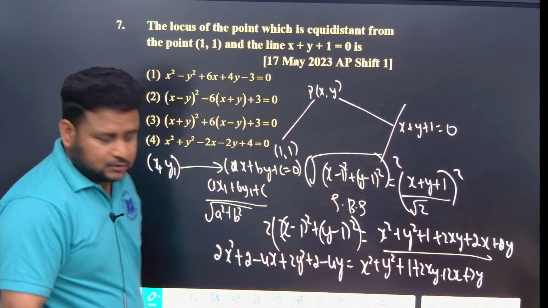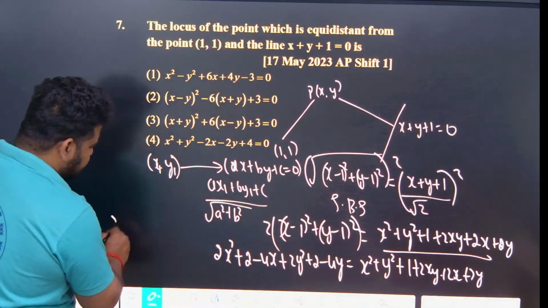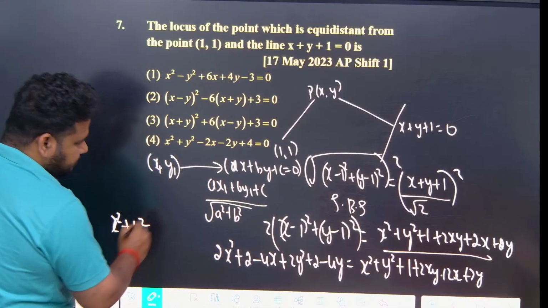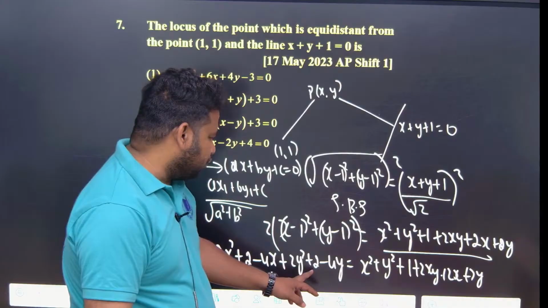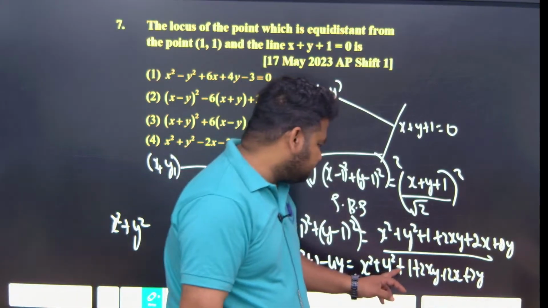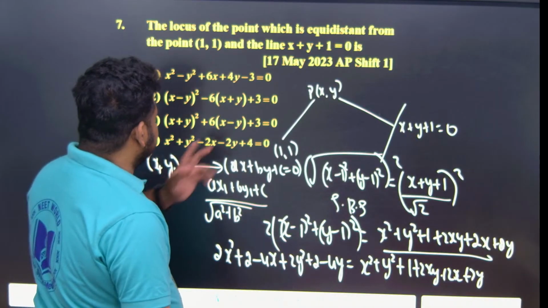Okay, got it? So if I bring it to this side, x square plus y square, and 2 plus 2 is 4, here it is 1.